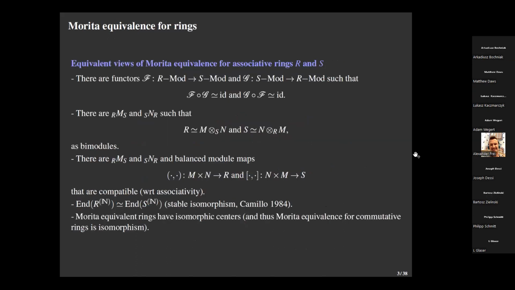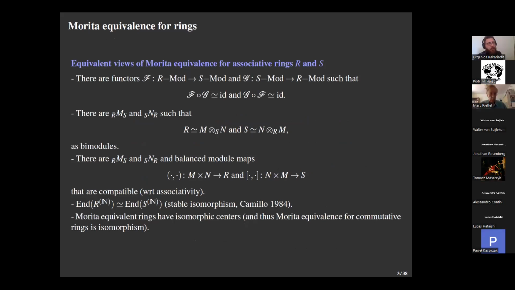There are equivalent ways of seeing Morita equivalence in ring theory. You can say that R and S are Morita equivalent if and only if the categories of left modules are equivalent. So you have two functors that, up to some natural transformation, give you the identity.